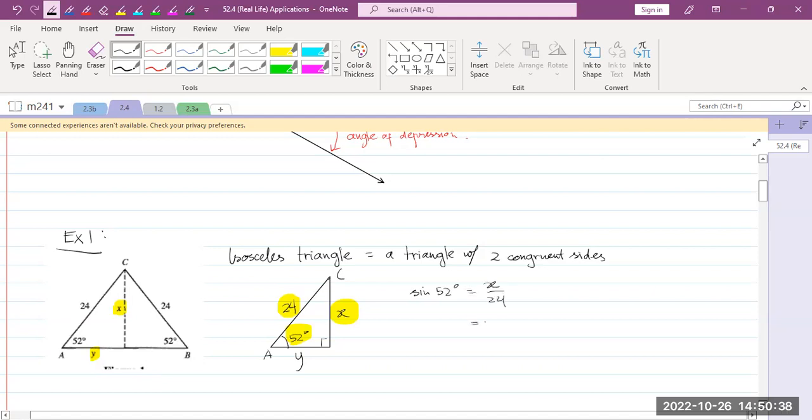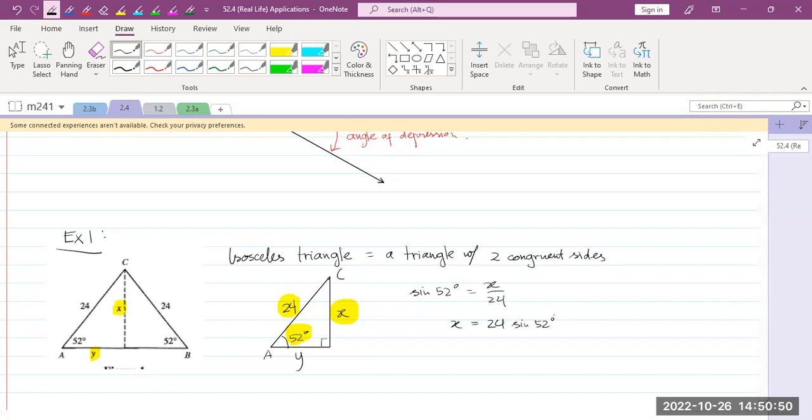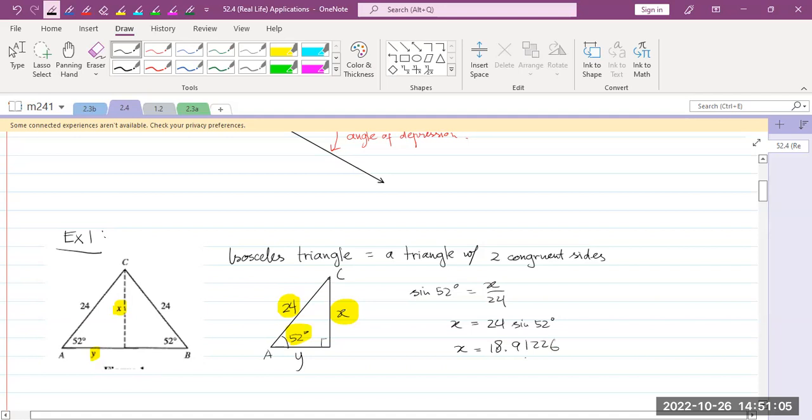So x will be 24 times sine 52 degrees, right? 24 sine 52 degrees is 18.91226.